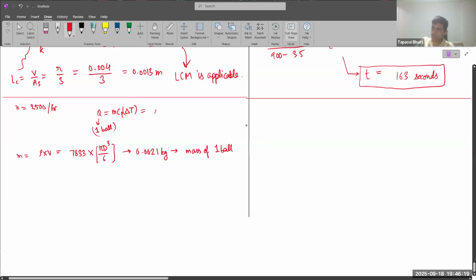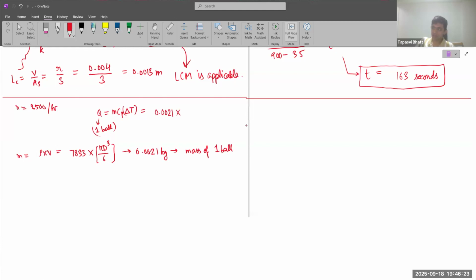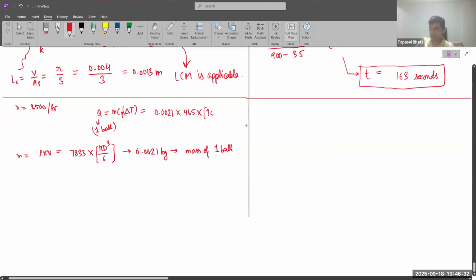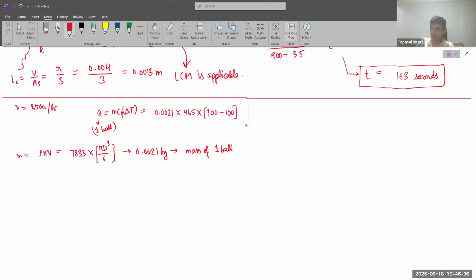So we have 0.0021. What is Cp? We have Cp, right? 465. Now this is in SI units. What is delta T? Change in temperature. 900 minus 100. Wait, this is not 900 minus 100.